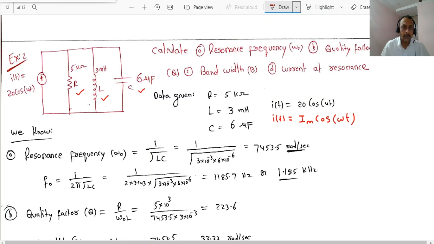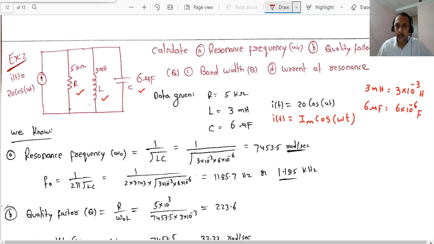I repeat again, while expressing the units, 3 millihenry, please don't forget to substitute 3 into 10 power minus 3 Henry. This is where most of the students commit the mistake. Similarly, 6 microfarad, please don't forget to write it as 6 into 10 power minus 6 farad while doing the calculation in the calculator.